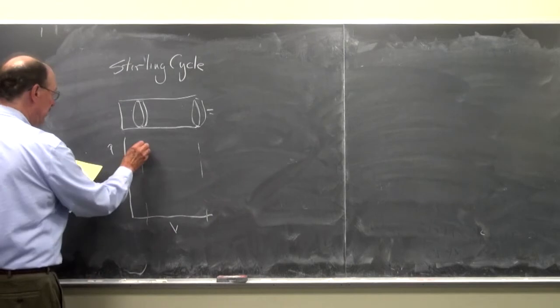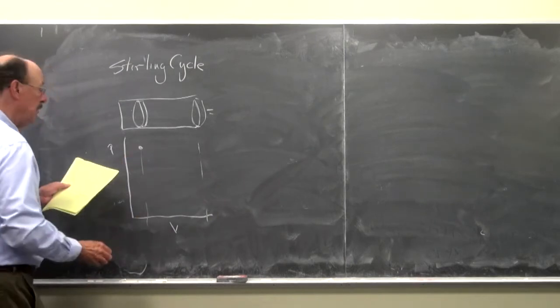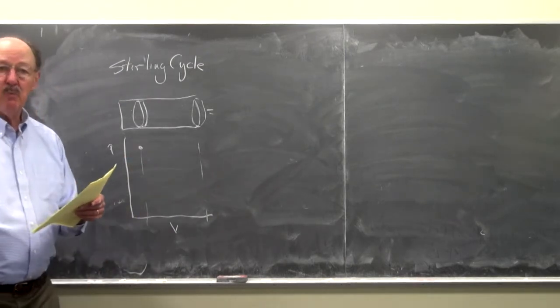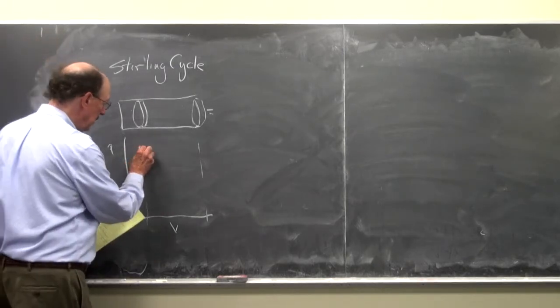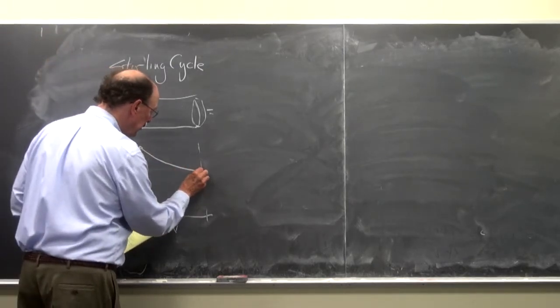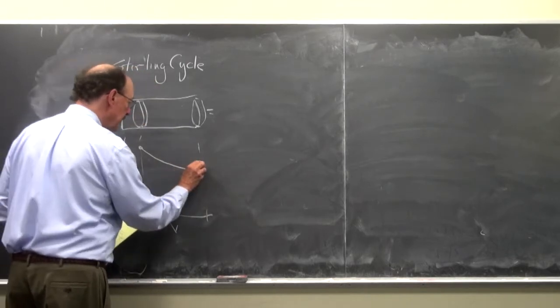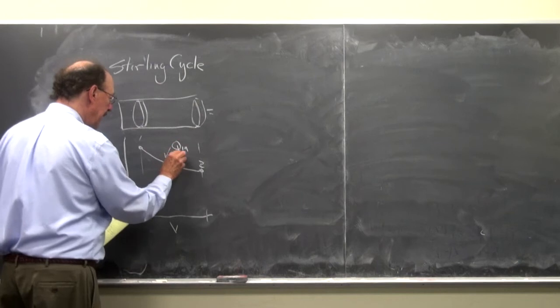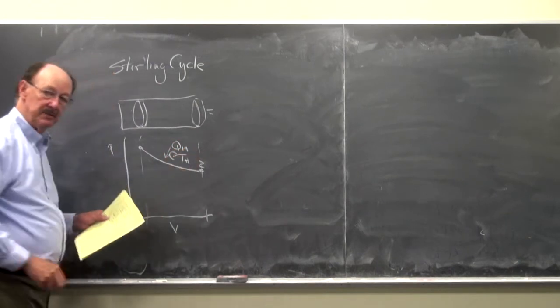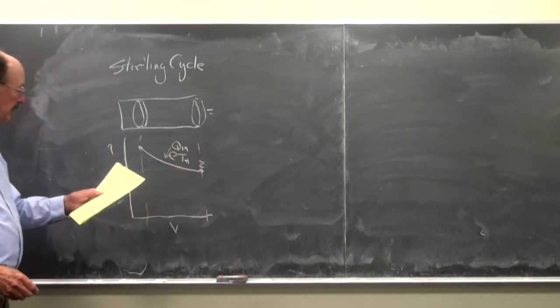And so we'll start at state 1, and we'll have constant temperature heat addition. So 1 to 2 is Q in at T hot, right? So we're going to have constant temperature heat in.